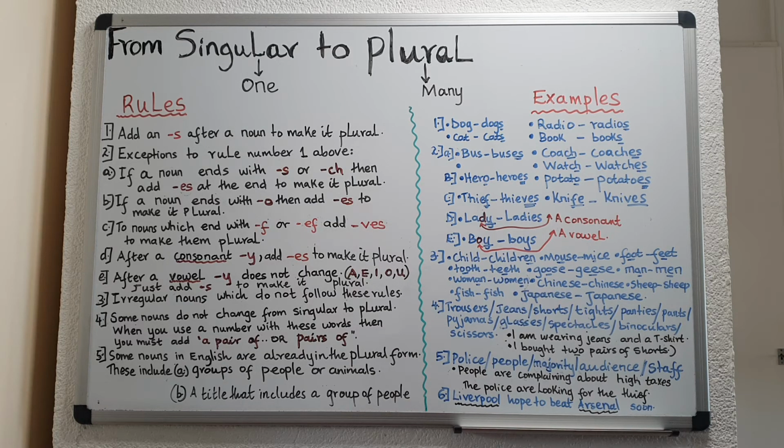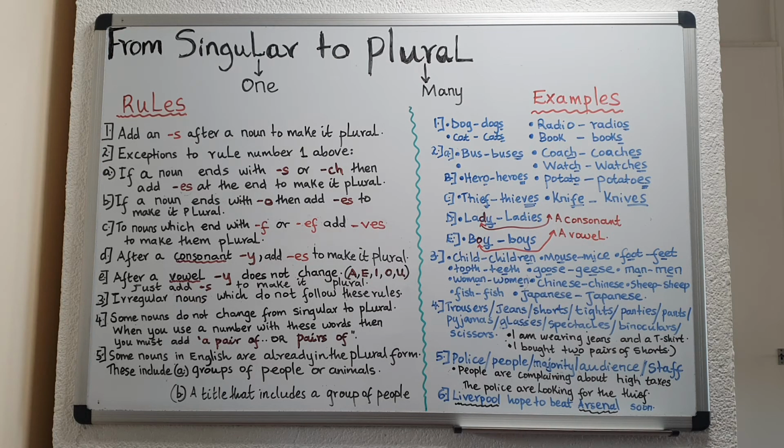Take note, that sound O, U has become I. So I have removed O, U and replaced it with I. Mouse becomes mice. Mouse, mice. I have seen a lot of mice in the garden. I have seen 1 mouse.